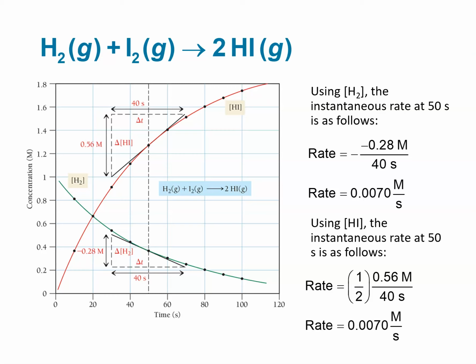For hydrogen, here on our green line, is going to have a rate of 0.0070, and our rate of production of hydrogen iodide is going to be also, with this expression, 0.0070, because we are using our correction factor. Excellent.